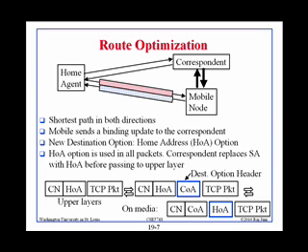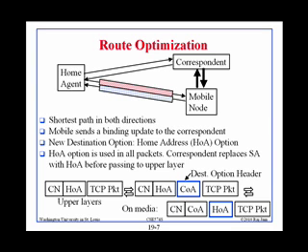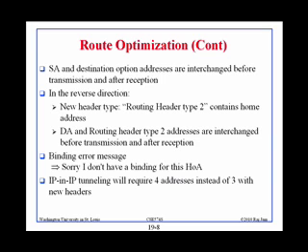Here you only keep the important part of the header, which is the home address. Everything else is used here. IP-in-IP tunneling will require 4 addresses, which in the case of IPv6 means 128 bits times 4. 3 addresses is a big optimization, 3 times 128 bits. So instead of doing full encapsulation, we use this special header and put the previous information there, so that we can use it at the final place.